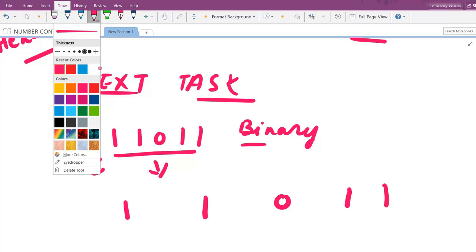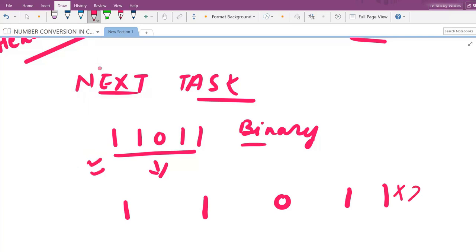If you see this number, you have to start like this: 2 to the power 0, and then put the plus sign. This is the format you have to remember.